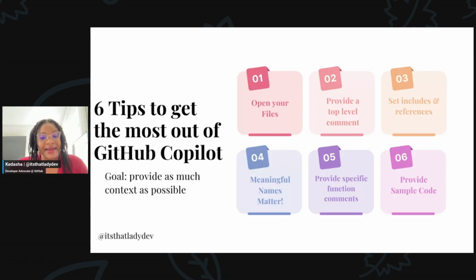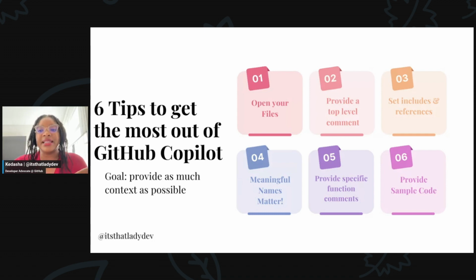The last tip I have for you is to provide sample code, right? Providing sample code to Copilot will help it determine what you're looking for. This helps to ground the model and provide it with more context. It also helps GitHub Copilot generate suggestions that match the language and task that you want to achieve. This can be especially helpful to jumpstart GitHub Copilot to a newer library version when it defaults to providing older code suggestions.